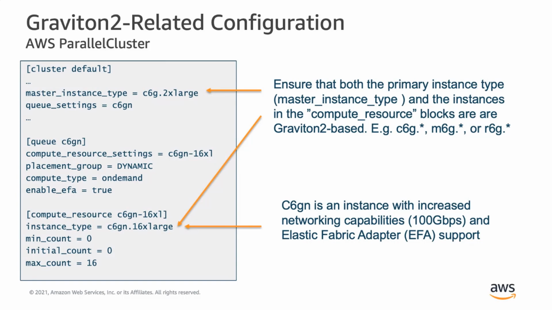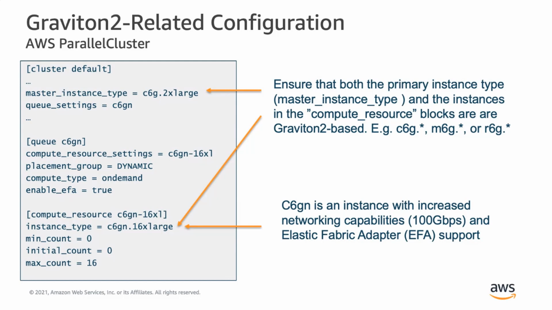Below, you'll see I've specified the instance type for our compute resource to be a C6GN 16 extra large. So that's a full-size instance. So it has all 64 cores, and it also has 100 gigabit networking, as well as Elastic Fabric Adapter capabilities. Those are really the only 2 changes that are needed.